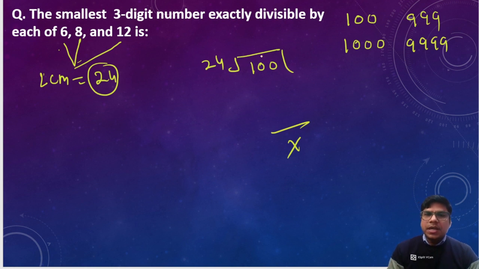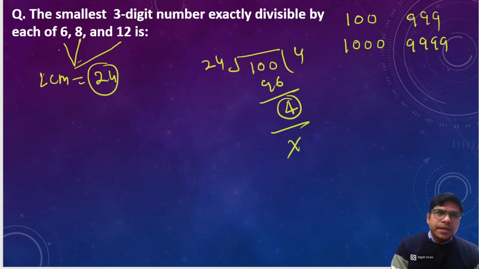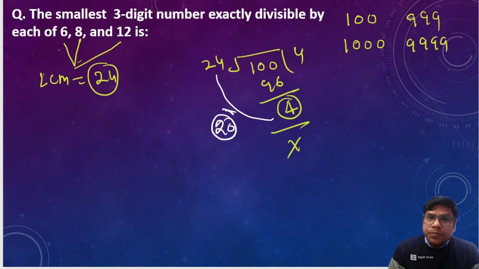So just see how. 24 fours are 96. The remainder here is 4. Then we have to subtract the obtained remainder from the LCM. So the resulting number is 20.